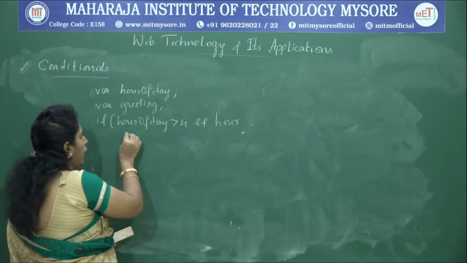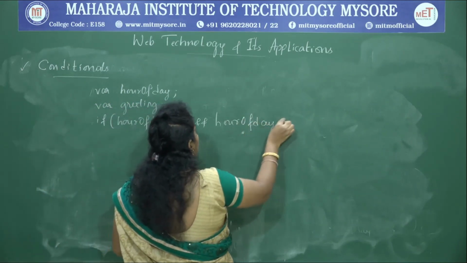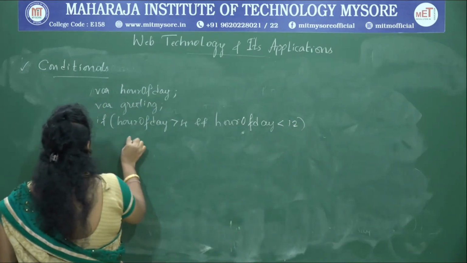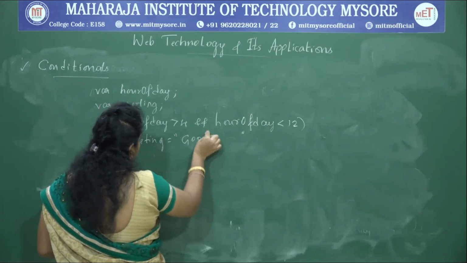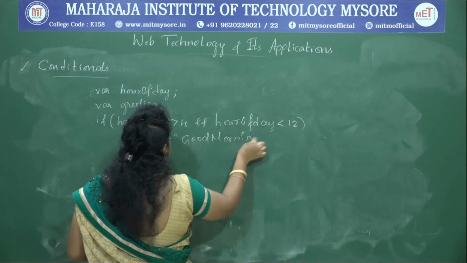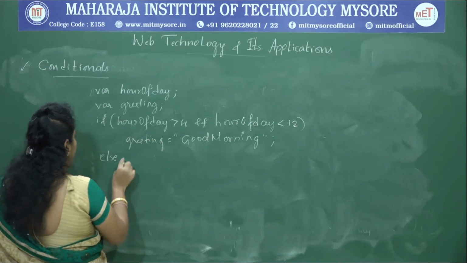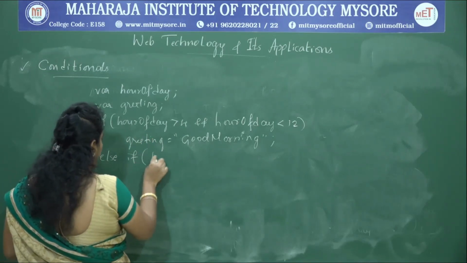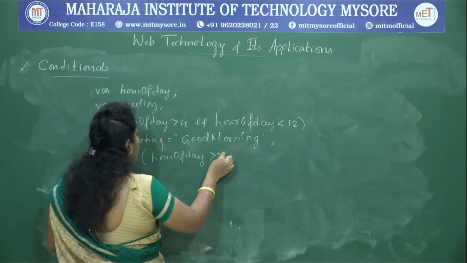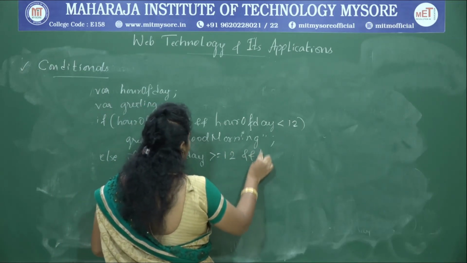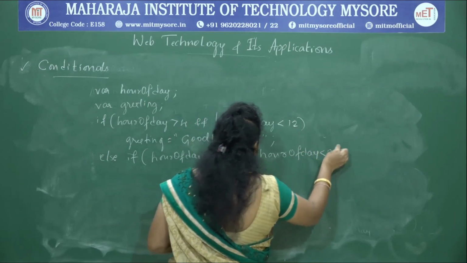So I have given a condition: if hour of day is greater than 4 and hour of day is less than 12, greeting will be good morning. It is morning. Next, else. If this condition is not satisfied, it goes to the next condition and checks whether hour of day is greater than or equal to 12 and hour of day is less than 20.